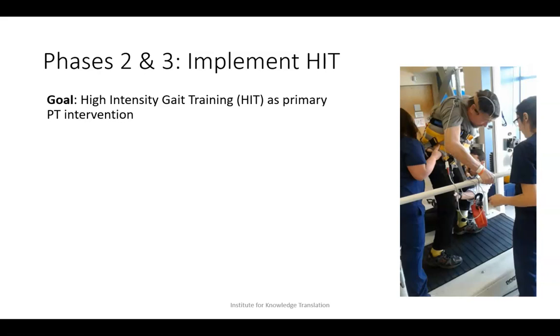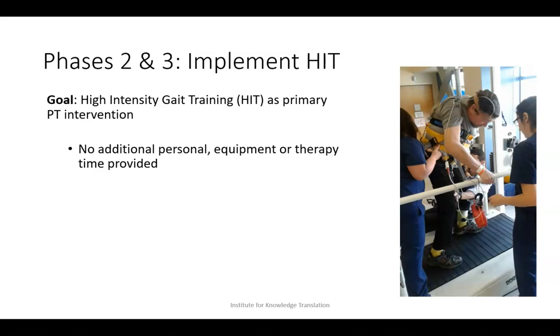In phases 2 and 3, we worked to implement high-intensity gait training. Specifically, we wanted to implement it as the primary physical therapy intervention. It's important to note that no additional personnel, equipment, or therapy time was provided. The idea was that it was the same as in usual care, except we were providing training to the therapist about using their time differently.